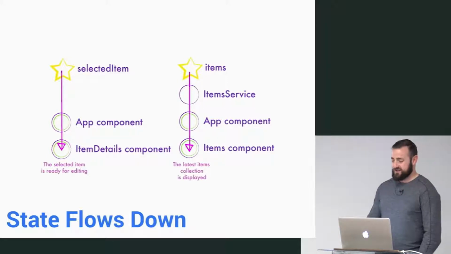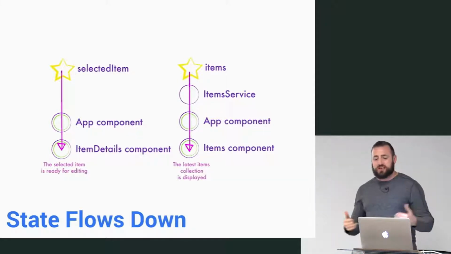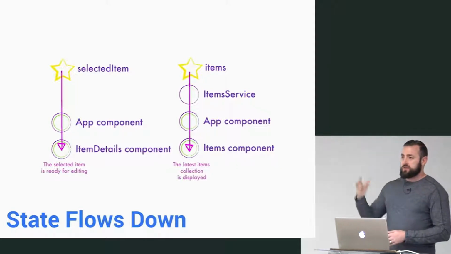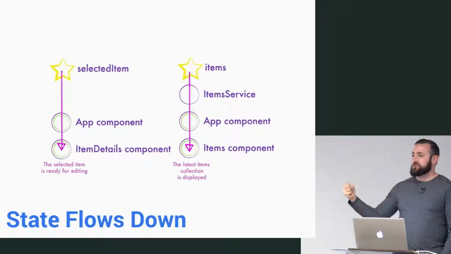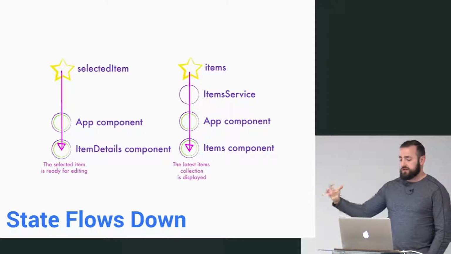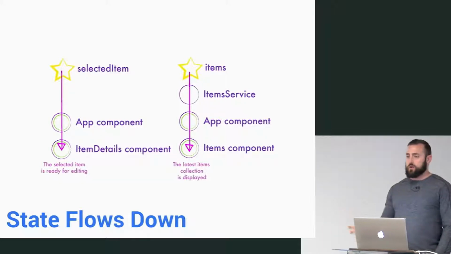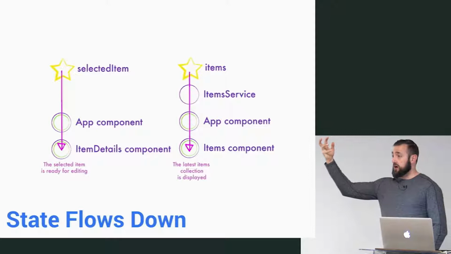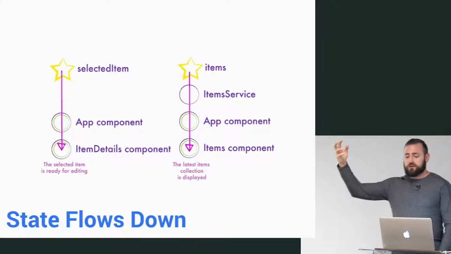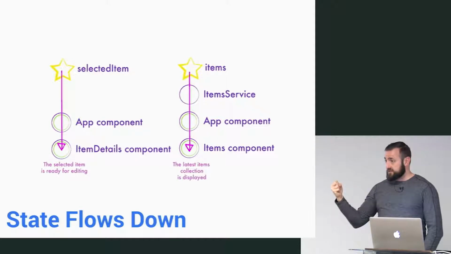Just kidding. So in this case, just from the graphic standpoint, we'll look at this in pictures. The selected item exists in the store, then it gets consumed in the app component, and then it goes to the item details component for editing. For items, we have the items collection, as we saw in the app store interface, which then goes through the item service.